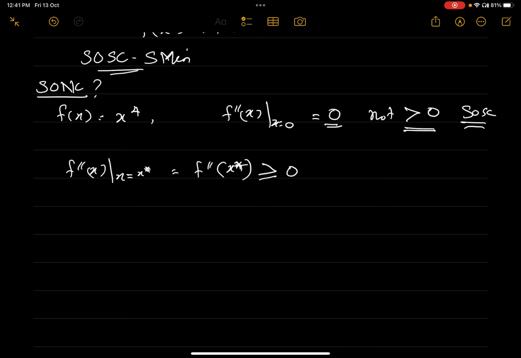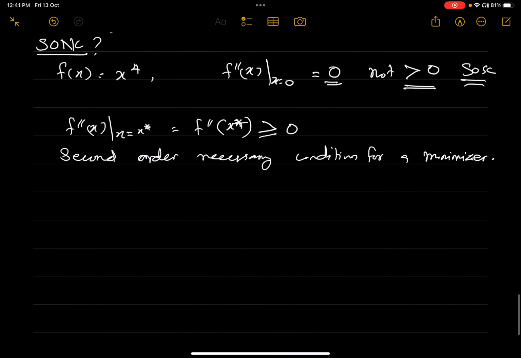This is the second order necessary condition for a minimizer. But we have to note here, when we're using this condition, the minimizer becomes a weak minimizer.